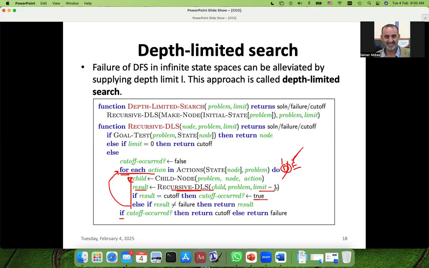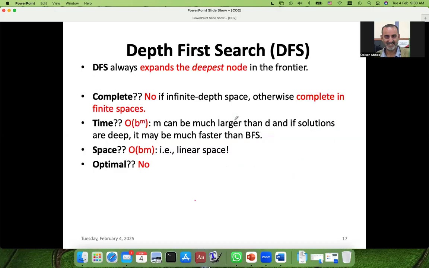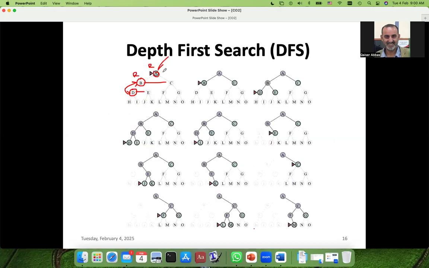What is the value of the limit? Initially at A, it was 2. I can give you the understanding from here. Initially it was 2. When we called this B, it was 1. When we called this D, it was 0.